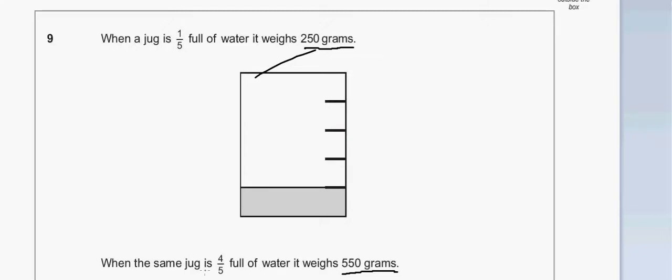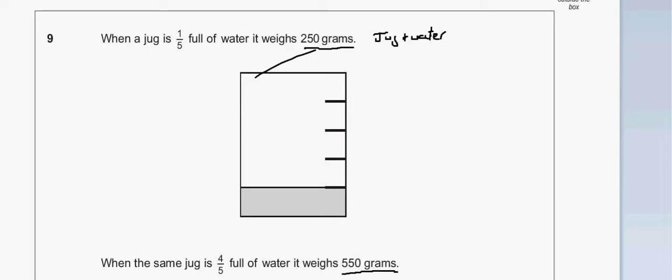So if the jug is 4/5 full of water and it weighs 550 grams, if I take this 1/5 full, which is the jug plus the water, away from this 4/5, then that'll tell me what the water weighs.